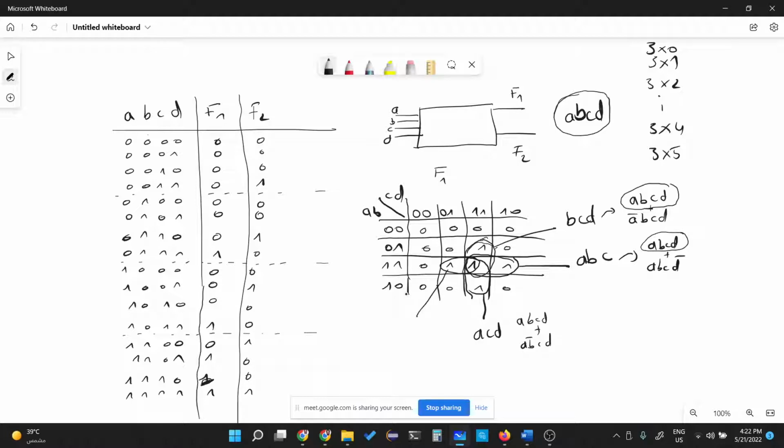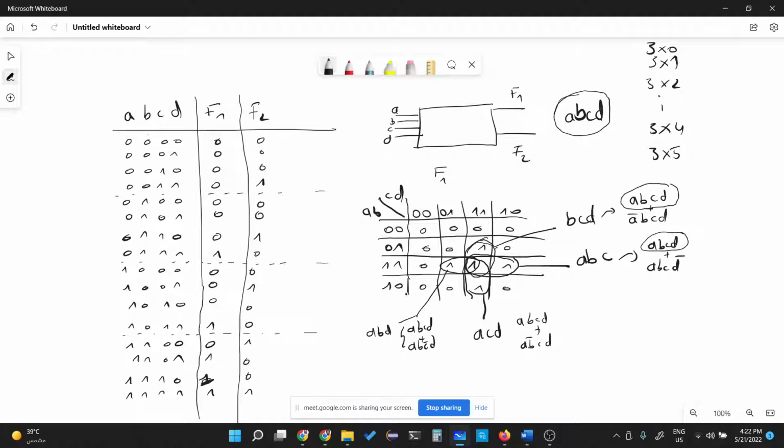Same thing here, we will have ABCD or ABC bar D. So if you have ABCD and ABC bar D, this will in reality be ABD. If you look at the group, you will have AB and the bit that does not change is D. So we have ABD, in reality ABCD or ABC bar D.